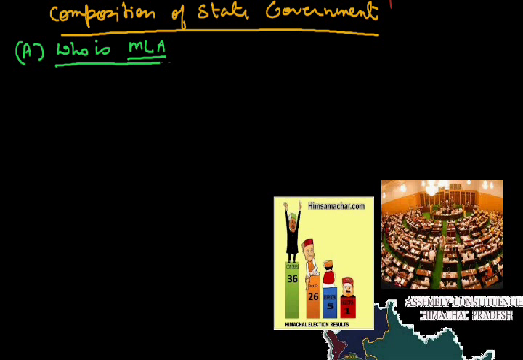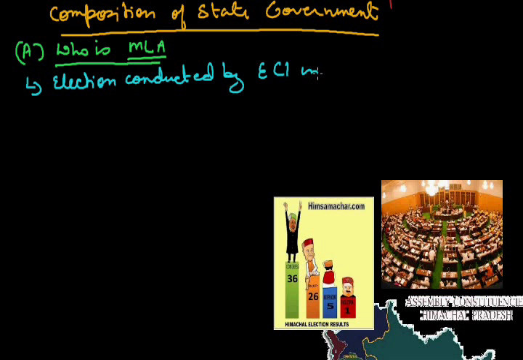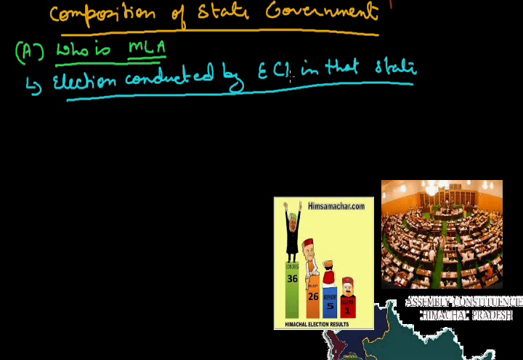How does this happen? Let us do it one by one. First of all, the elections are conducted by the Election Commission of India in that particular state.